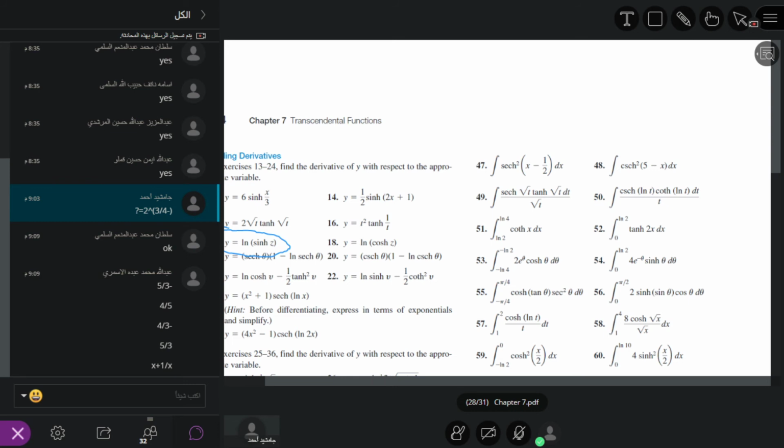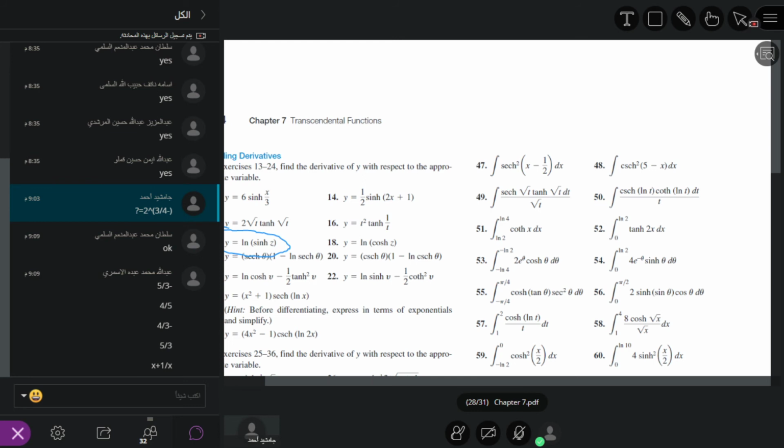The derivative of log natural x is equal to 1 over x. Now here we have log natural, and in the place of x we have sine hyperbolic z.